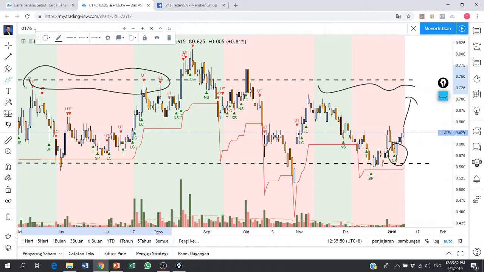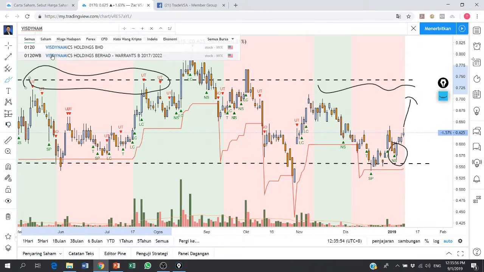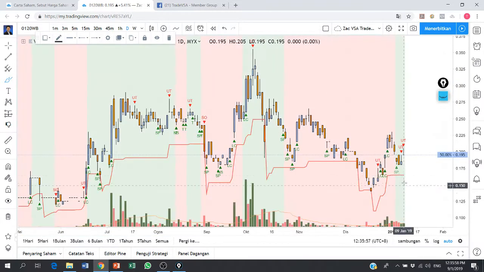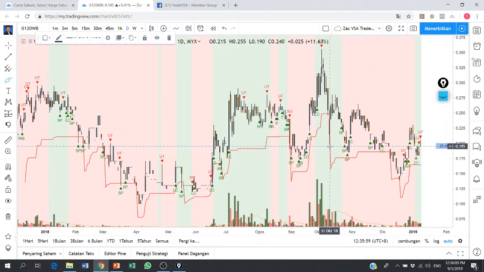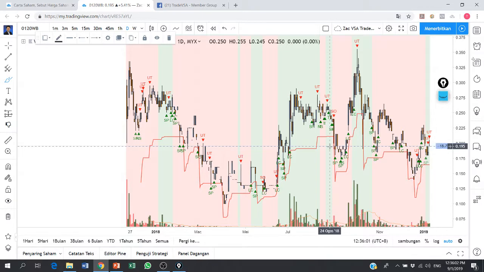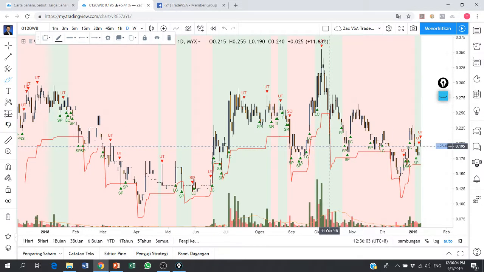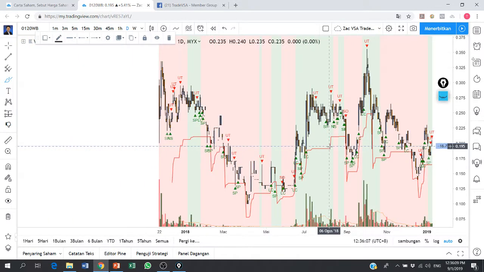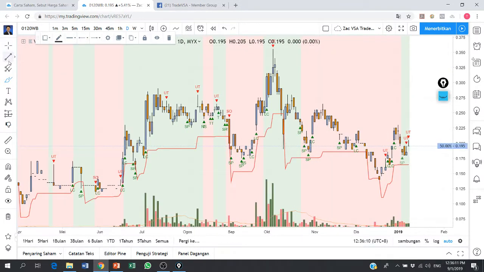VIX Dynamic. This is for entry. I don't see any specific signal for me to enter, because I think this is still in stage 4.